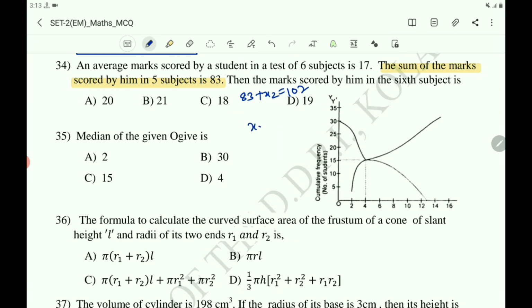Then x6 equals 102 minus 83, which is 19. Option D is the answer, 19.